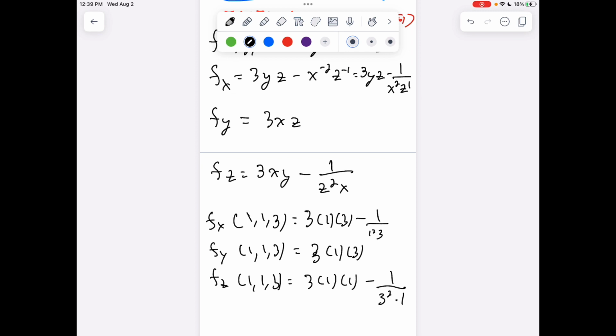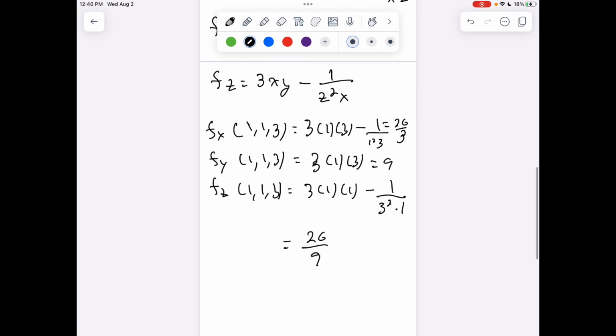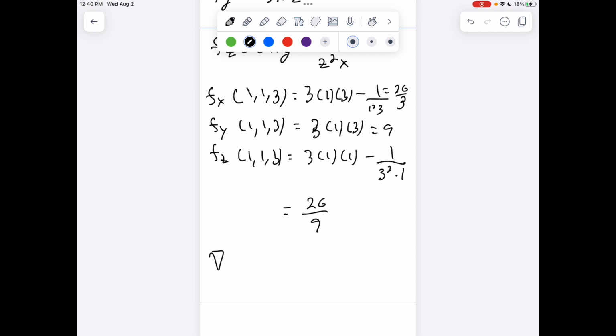If you computed all these numbers out, you would get 9 minus a third, which would be 26 over 3. This would be 9. And 3 minus 1/9 would be 26 over 9. So our gradient at our point (1, 1, 3) would be (26/3, 9, 26/9).